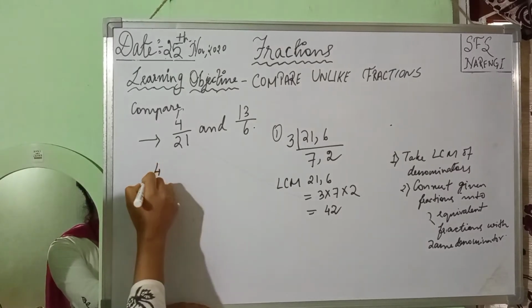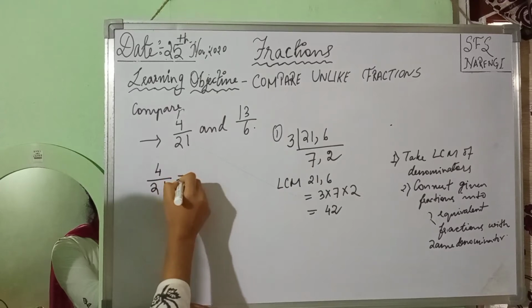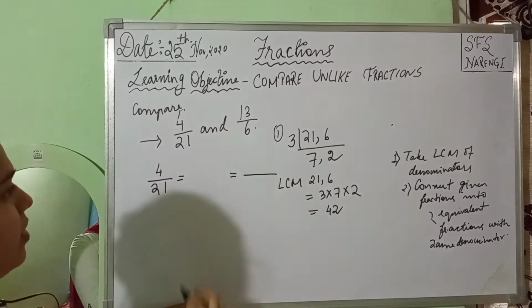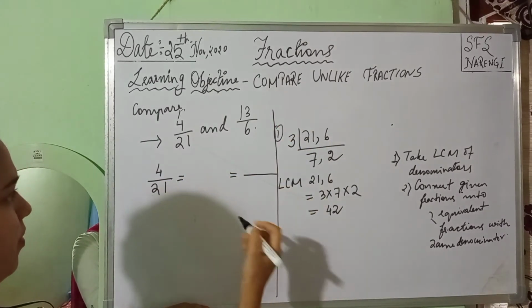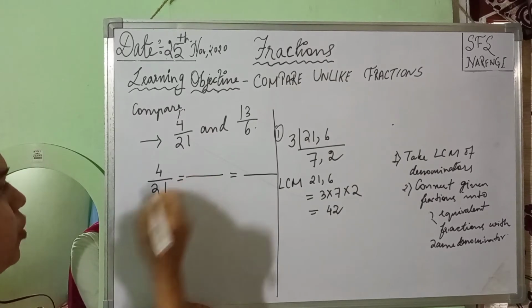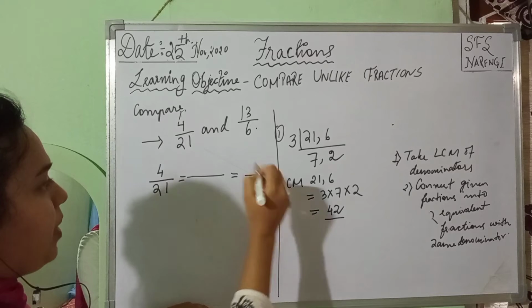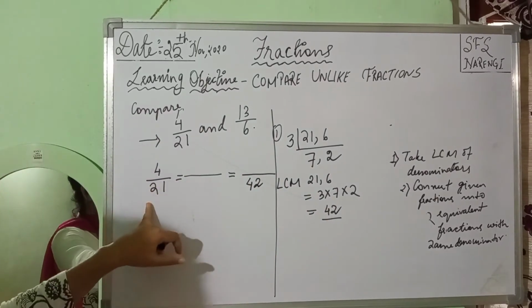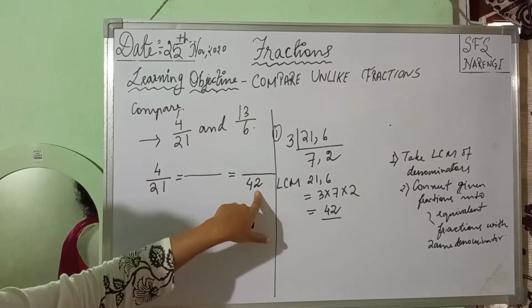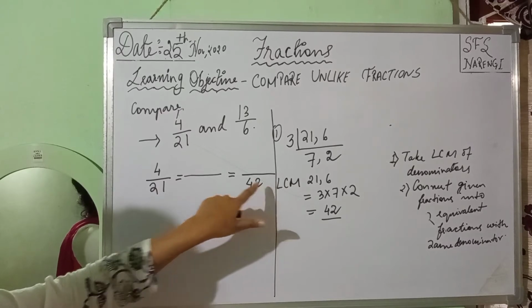Now what does it mean? It means that I have to write 4 by 21 in such a way that the denominator is 42. I am converting 4 by 21 into an equivalent fraction with denominator 42.